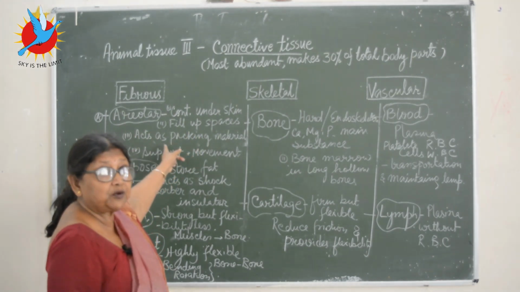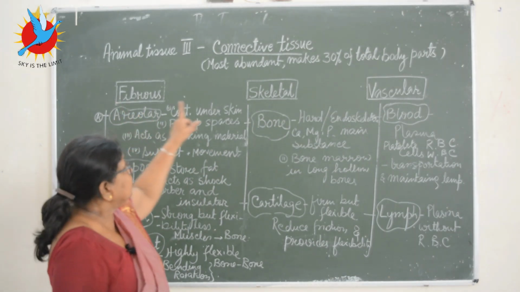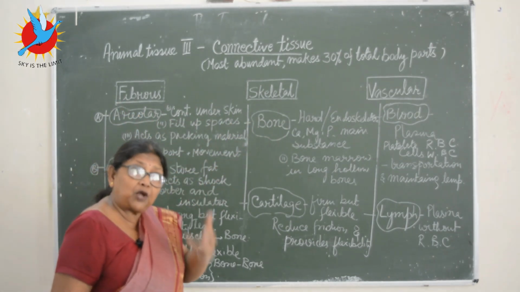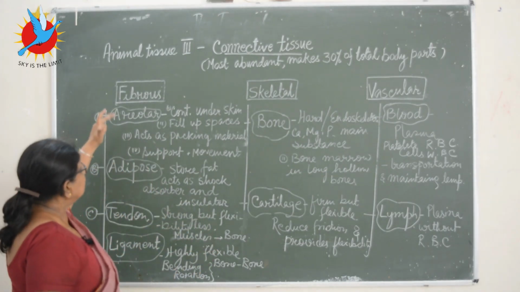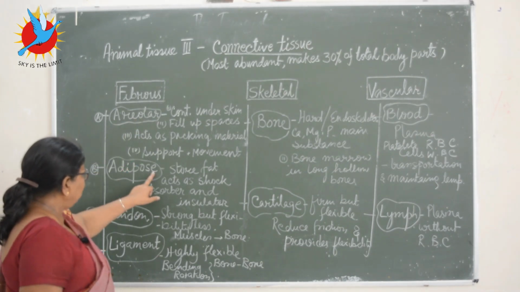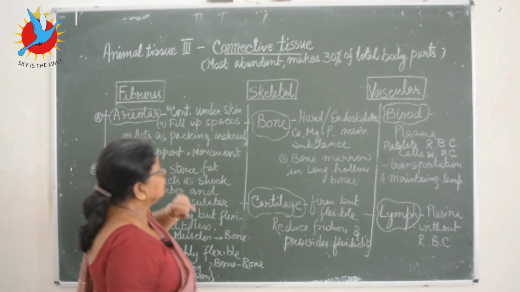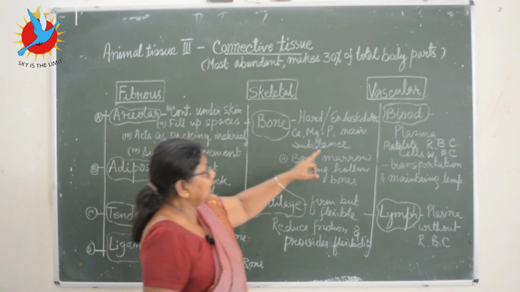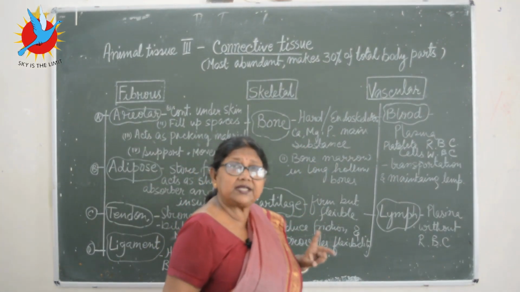See the names properly, read and learn the spellings, and pronounce them properly. Fibrous is areolar, adipose, tendon and ligament. Skeletal is bone and cartilage. And vascular is blood and lymph. Clear? So that is your connective tissue.